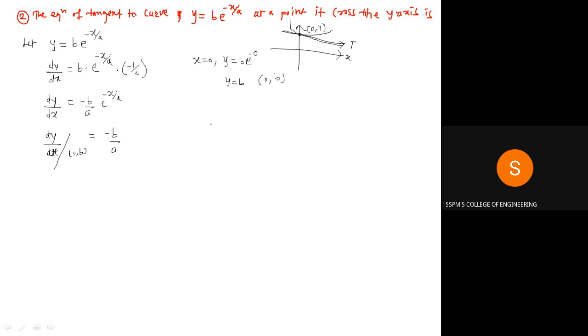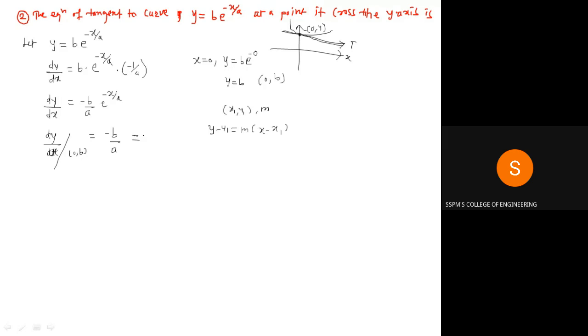Suppose there is any line which passes through one point like x1, y1 and slope m is given. So how to find the equation of line? y minus y1 is equals to m times into x minus x1. If you know the slope and a point on the line, this is called slope point form. So y minus y1 is equals to m times into x minus x1. So dy by dx at 0, b is what? Minus b by a.